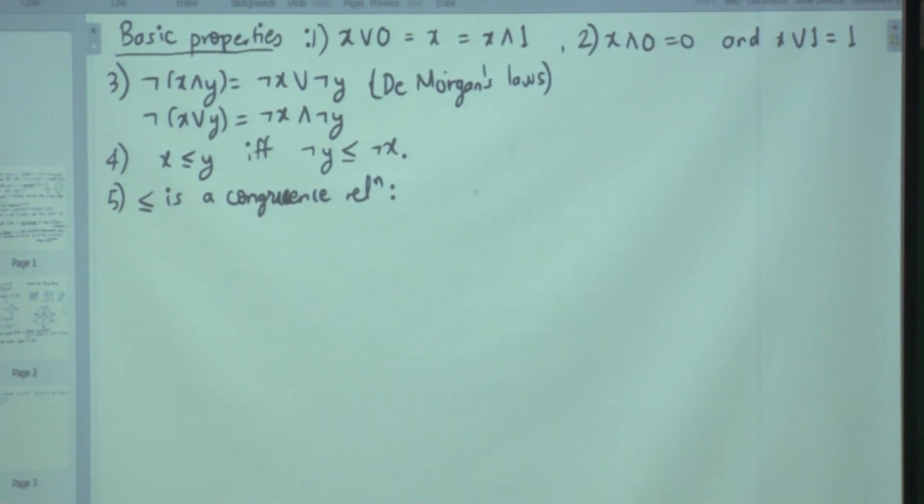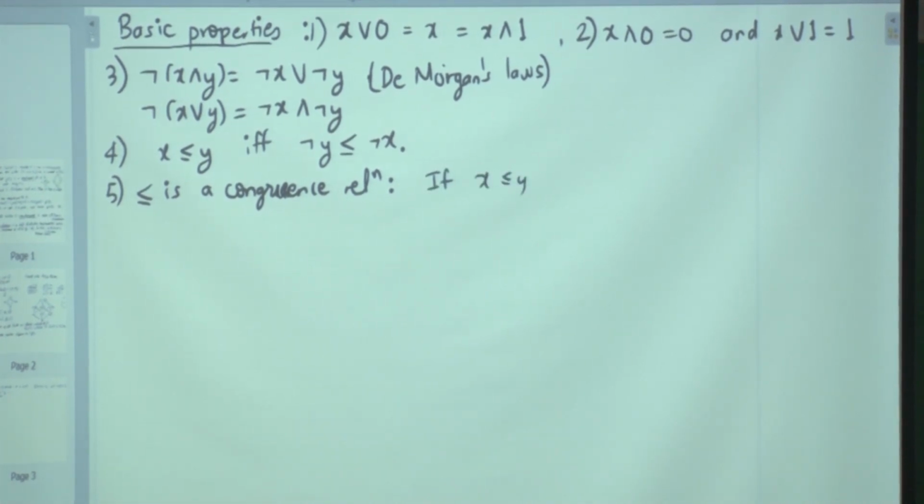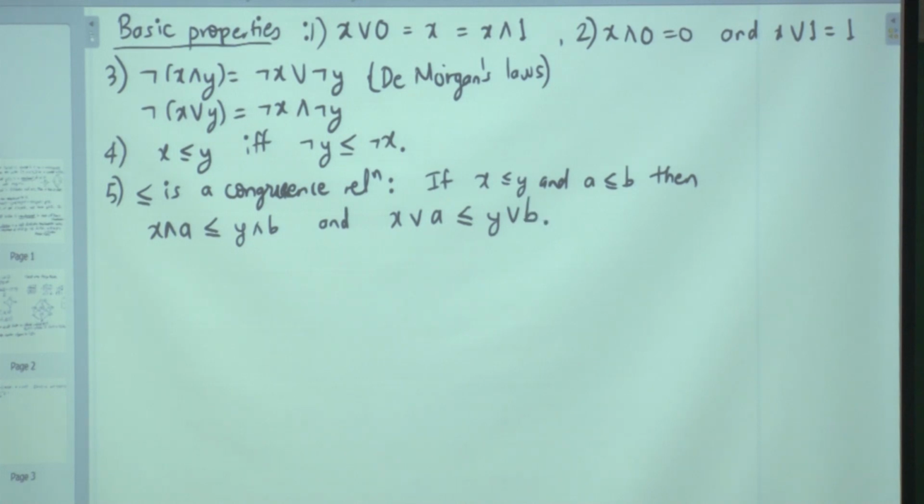So what is the meaning of congruence? That whenever x is less equal y and a is less equal b, then x meet a is less equal y meet b, and x join a is less equal y join b.